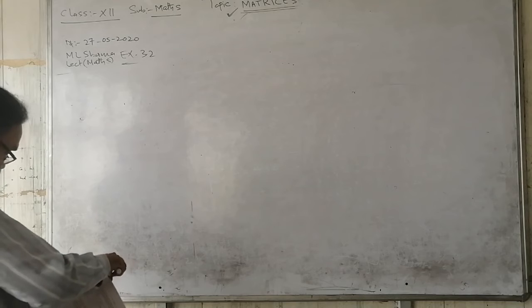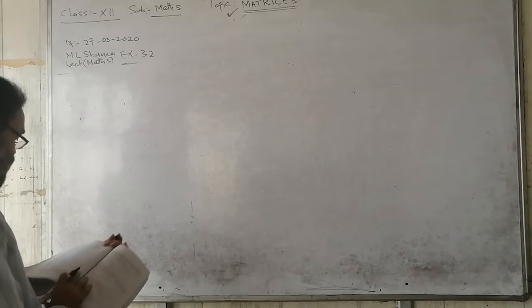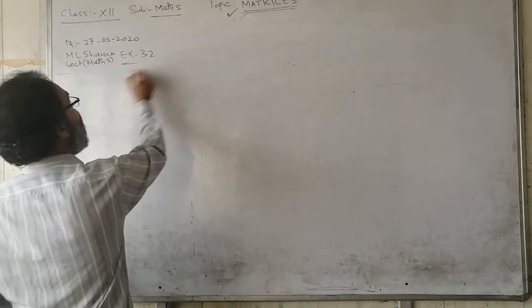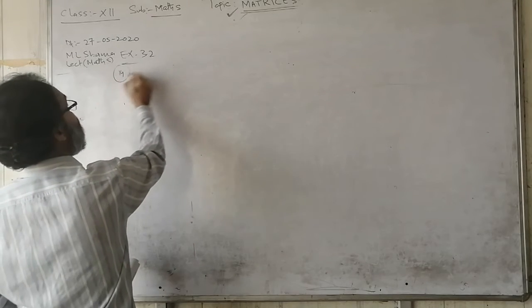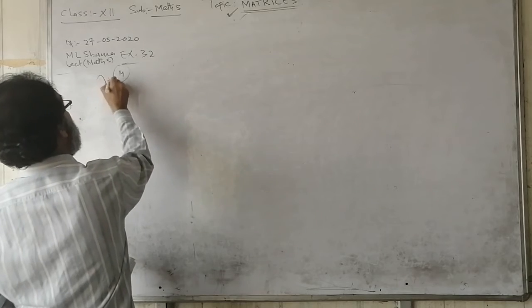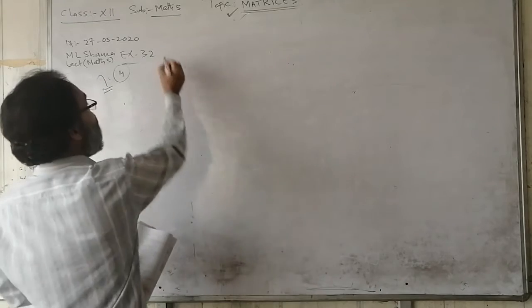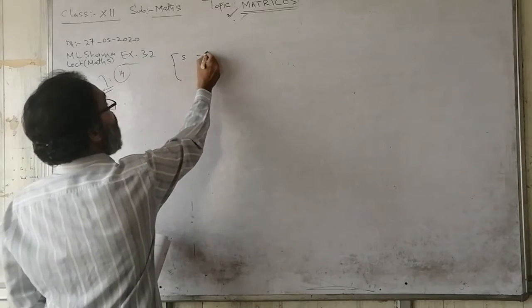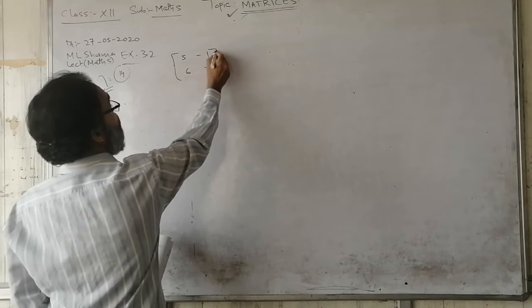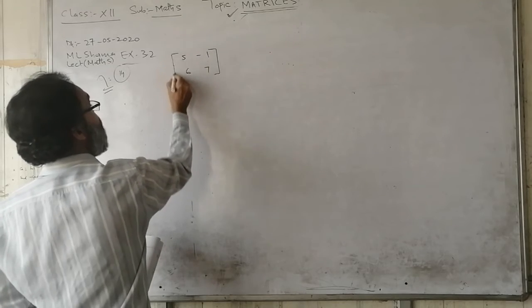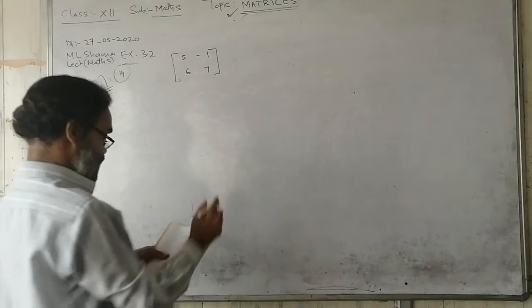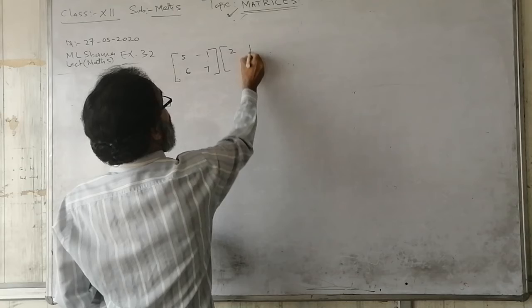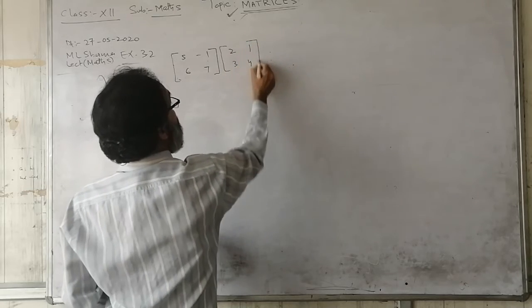Question says, so that you have to prove, 14th question, so that 5 minus 1, 6, 7 here. This is a 2 by 2 determinant matrix. 2, 1, 3, 4.